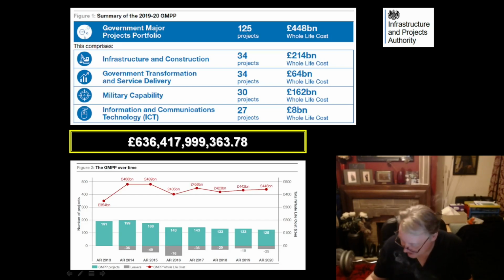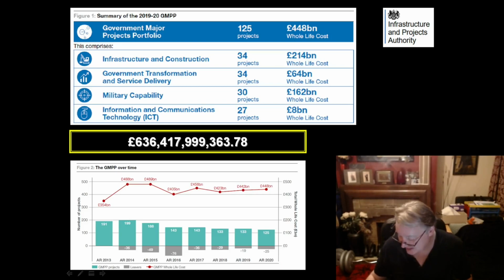Now, the immediate thing that can be seen, if you look at the top graphic there, is that it says the whole life cost of all of their projects is 448 billion, and then you'll notice my number that I've included there of 636 billion. There's a reason for the difference.